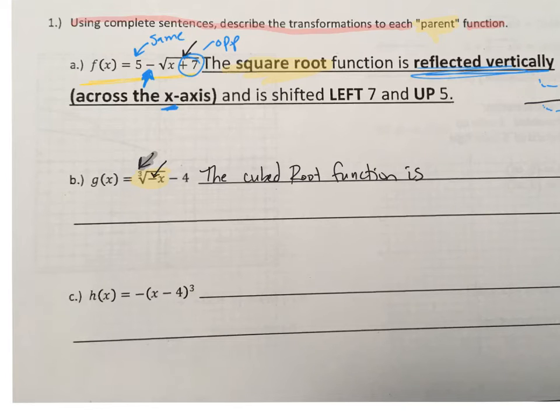But there's a negative on the inside. So the opposite of times -1 is divide by -1. So this is going to be reflected horizontally. And then this is outside, so that's going to affect my y. And so we keep this the same. So this is going to go down.